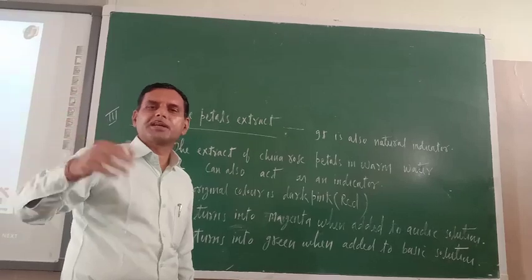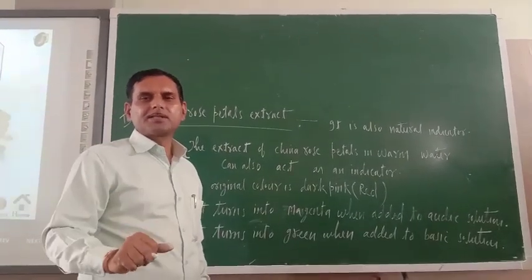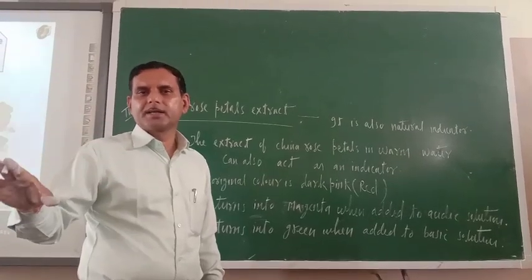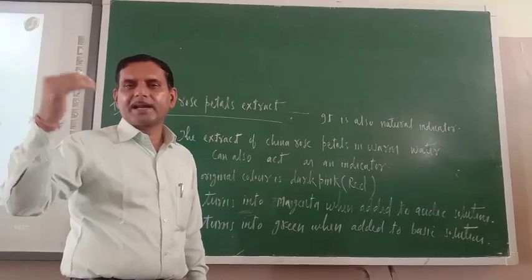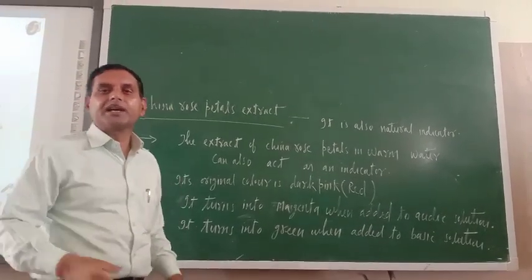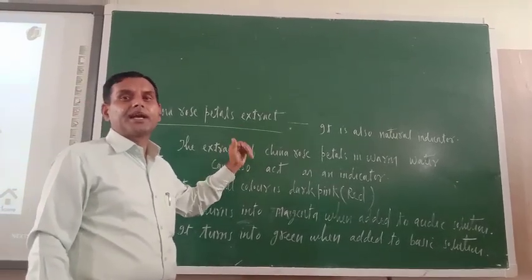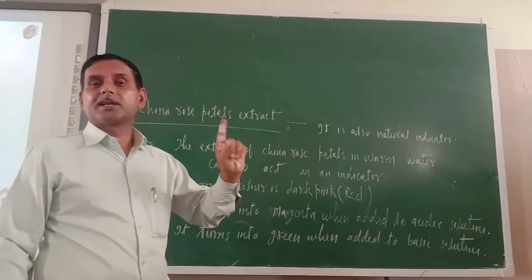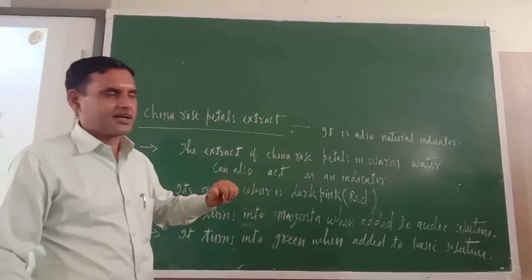So how to make the China rose petals extract? Just collect some flowers, warm them in water, and after 4 or 5 minutes filter them. Whatever filtrate you get will act as a China rose petals indicator, and that extract is ready to distinguish between acidic and basic substances.